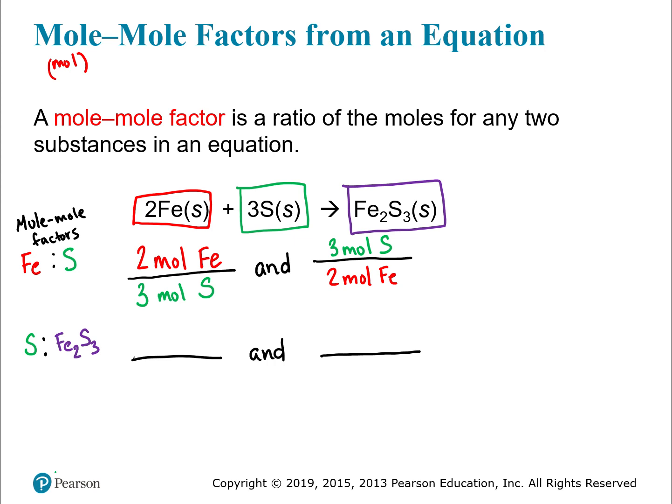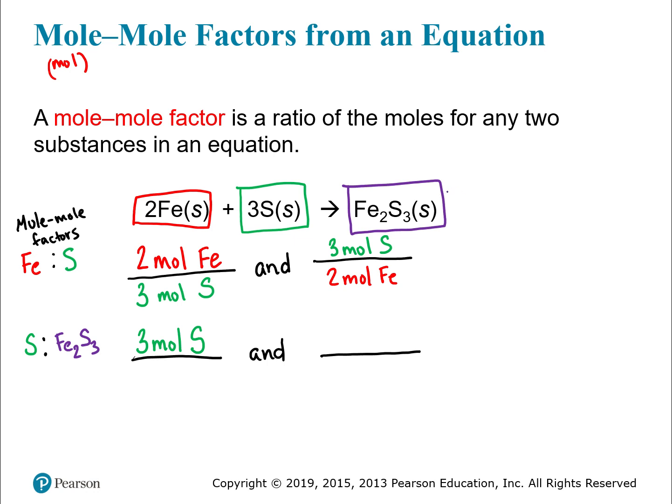We're just reading how many moles of sulfur we have from the equation. Yeah, we've got 3 moles of sulfur. How many moles of iron 3 chloride do we have in the equation? Oh, that's iron.